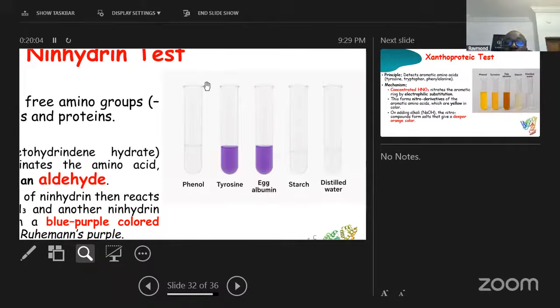Thyroxine will turn purple. But remember, thyroxine will not turn purple in the Biuret test, but it will turn purple in the Ninhydrin test because it has a free amino end. Egg albumin is a protein. It has a free amino end, and it also has lysine, which has a free amino group that also reacts with the Ninhydrin reagent.